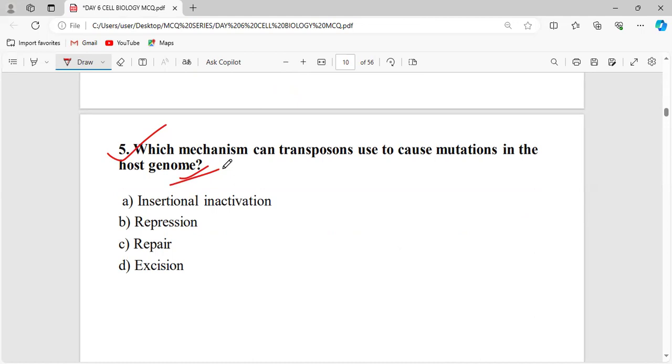What is the name of the mechanism? And that will be insertional inactivation.